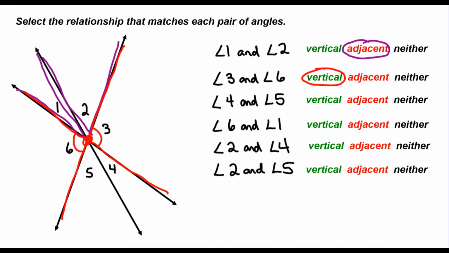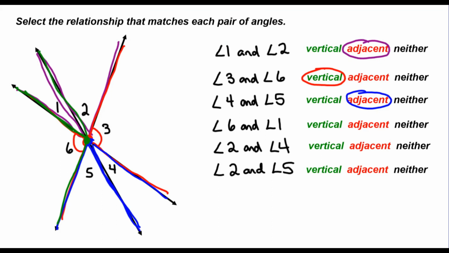Angle 4 and angle 5, here's angle 4, and here's angle 5. Here they share a vertex, and they share a side, so they are adjacent. Angle 6 and angle 1, again, here's angle 6, and here's angle 1.